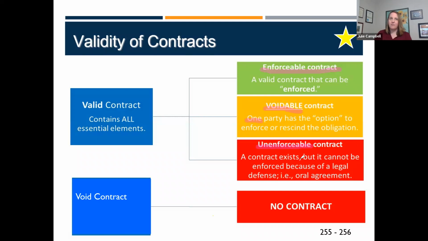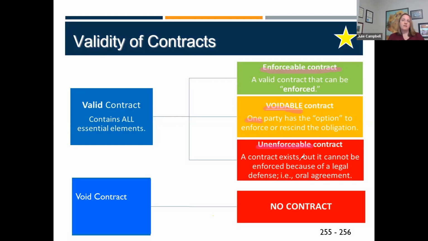For your exam, look with me, please, on page 256. Do you guys see that example on page 256? The example for your exam of a void contract is when one of the parties has been declared legally incompetent by a court of law.